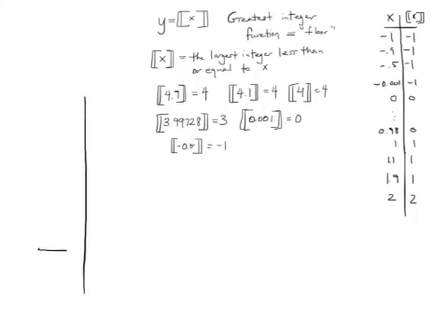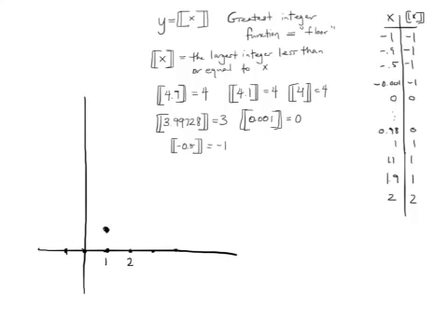One thing I can do on the graph is mark the integers. So the dots that I'm drawing right now are the integers. So when x is 1, y will be 1.